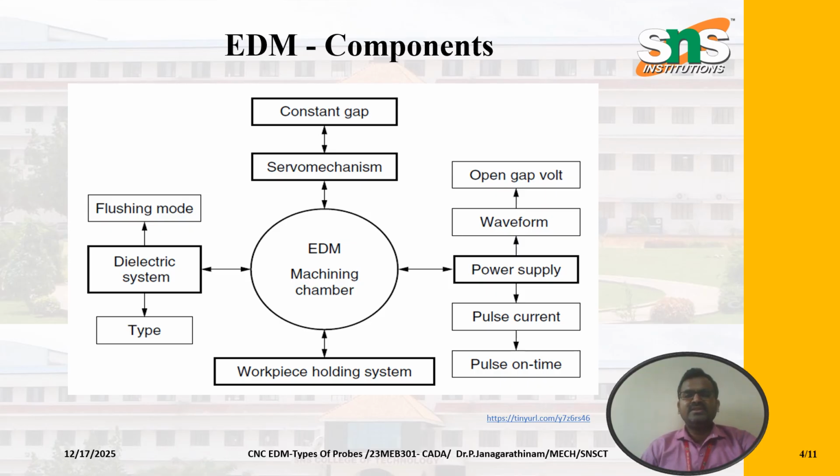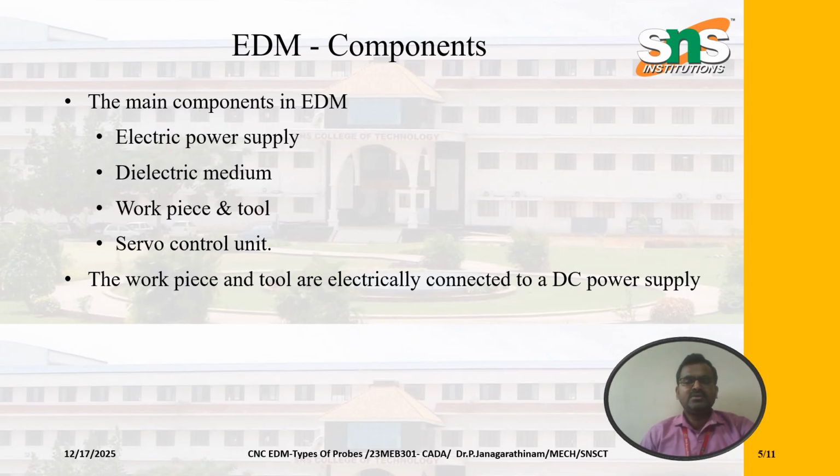If we reduce the surface roughness, we automatically increase the surface finish of the machined component. The main components of electrical discharge machining are the electrical power supply, dielectric medium, workpiece, tool, and servo control unit, which is used to maintain a constant gap between the tool and workpiece.